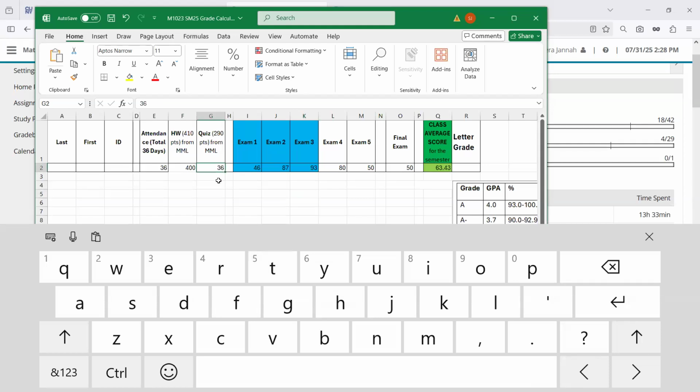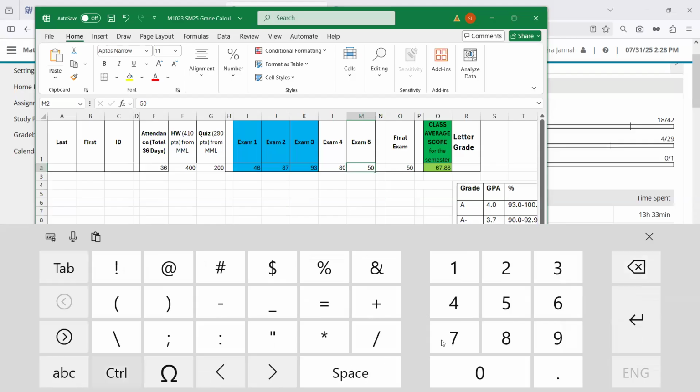But what are you looking for? At least C? C plus or B plus? Okay, so now look here. In 290, you have 36. Let's say you made it to 200. 67, which is D plus. Not bad. So let's improve gradually. Let's say 60.